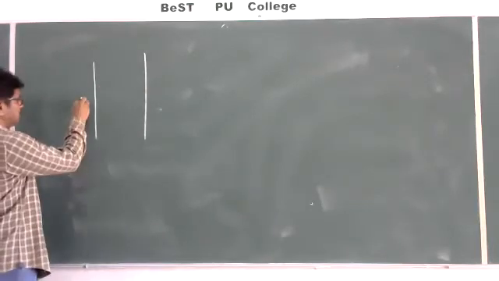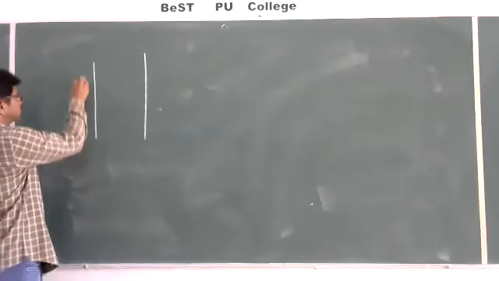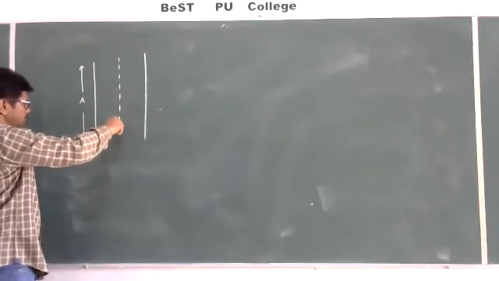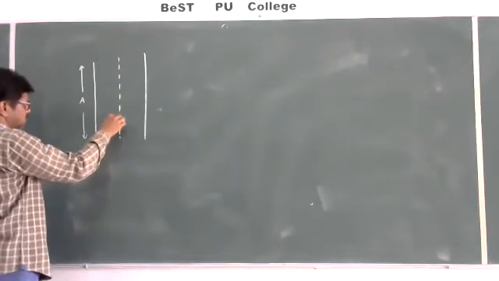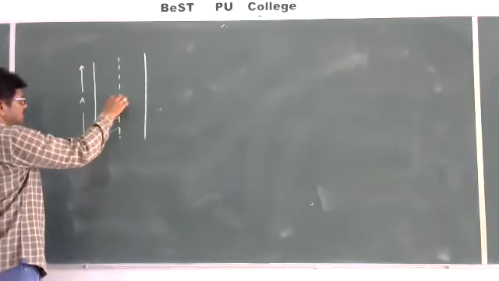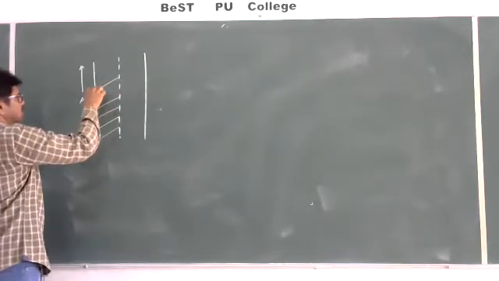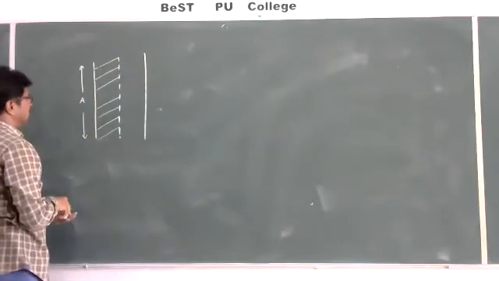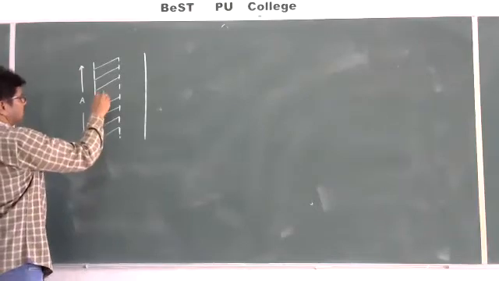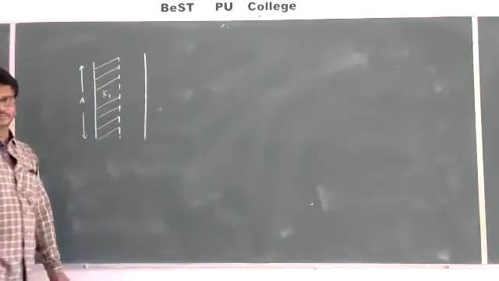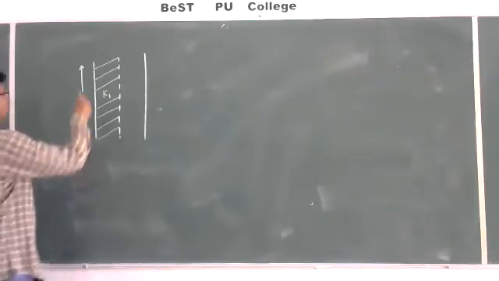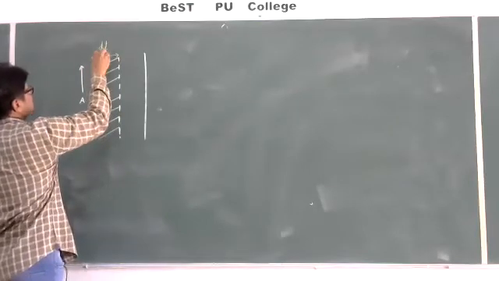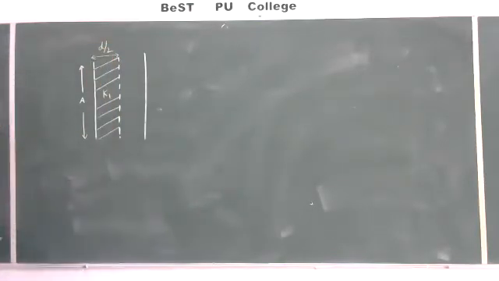The area of each plate is A, and half of the space is filled with a dielectric medium of dielectric constant K1. Since it is the half of the space, here the thickness is equal to d by 2.